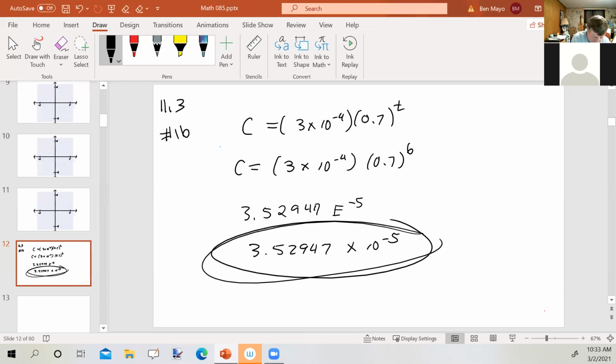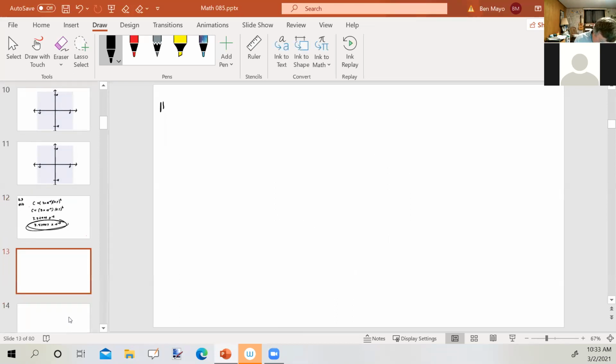So now we're going to go on to section 11.4. An exponential equation or an exponential function has the variable in the exponent.